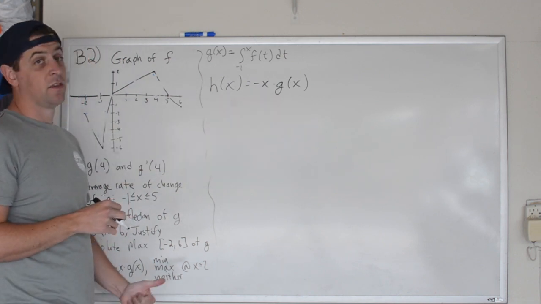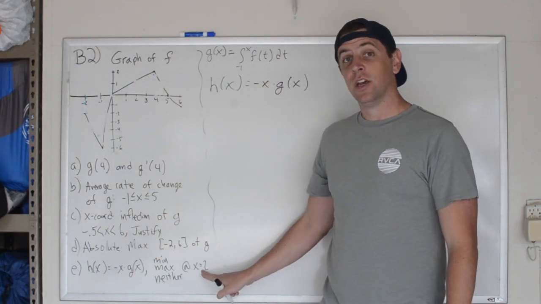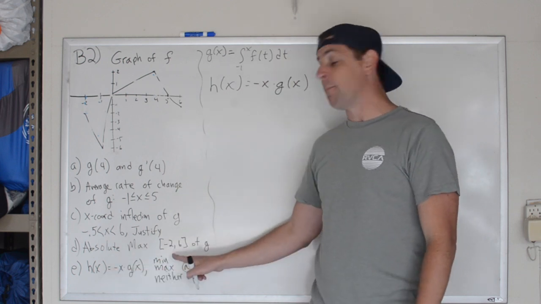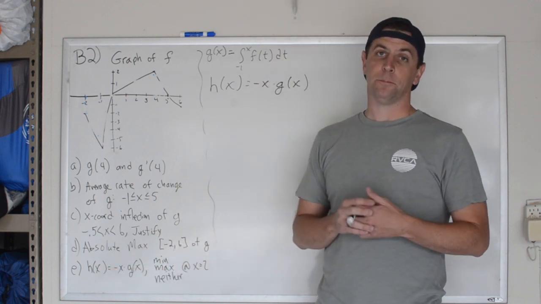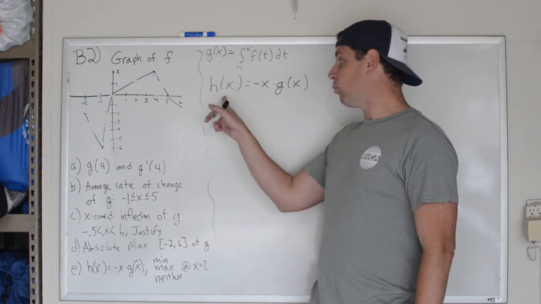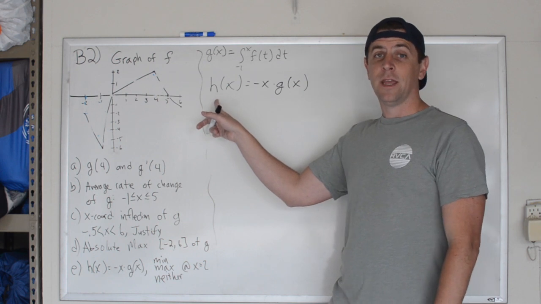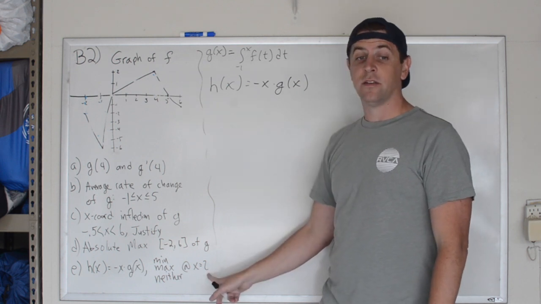And then the question they asked was, when x equals 2, on h of x, do we have a maximum, a minimum, or neither? The way that we're going to figure that out is we need to find the derivative, h prime, and see when x equals 2, does it in fact equal 0?